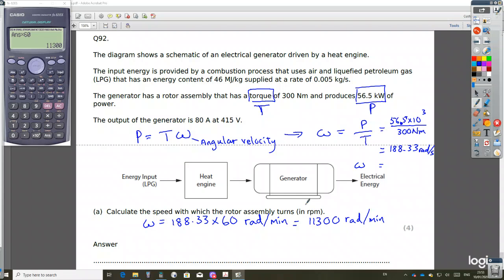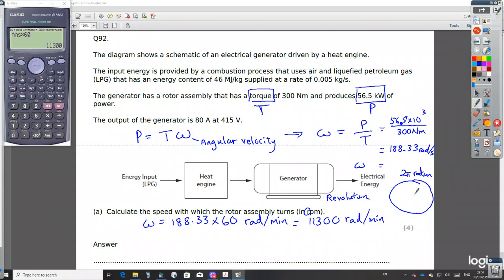However, we need revolutions. Well, what's the relationship between revolution and radian? Back to our lesson notes. In one full circle, the turn is worth 2 pi radian.